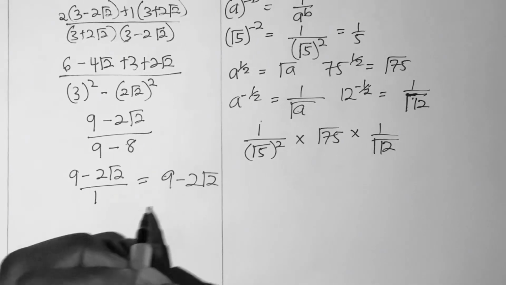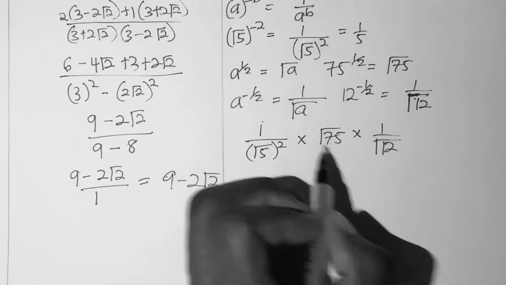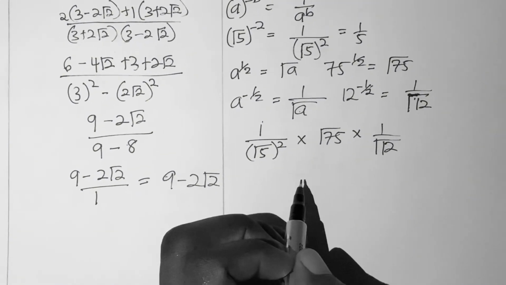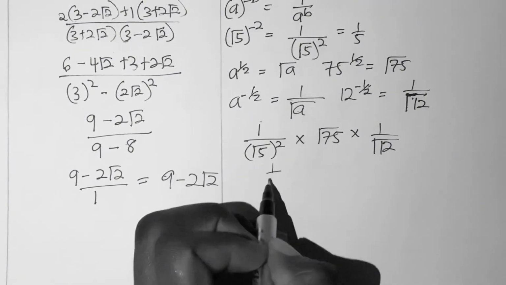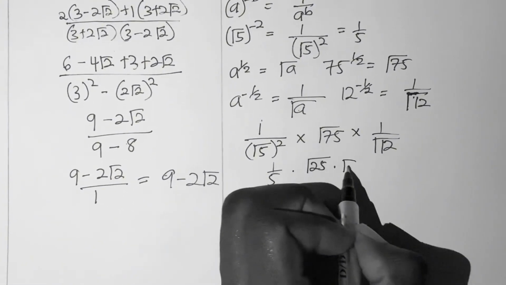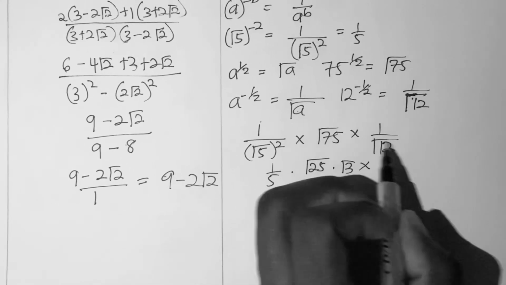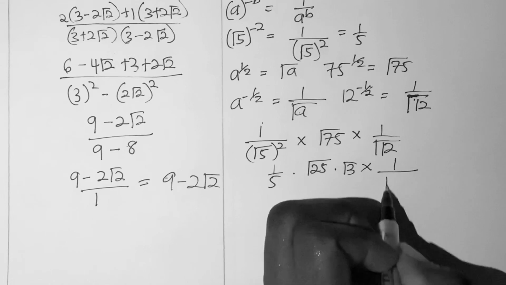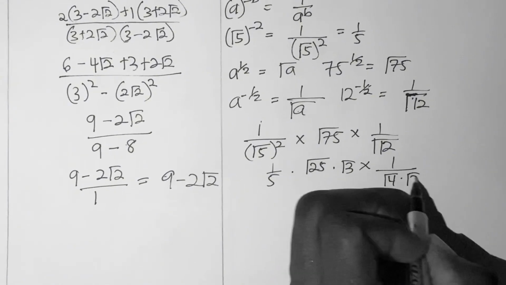Now, let's determine root 75. Root 75 is square root of 25 times 3. Now, this becomes 1 over 5 times square root of 25 times square root of 3. Then times, now, 1 divided by root 12 is square root of 4 times square root of 3.